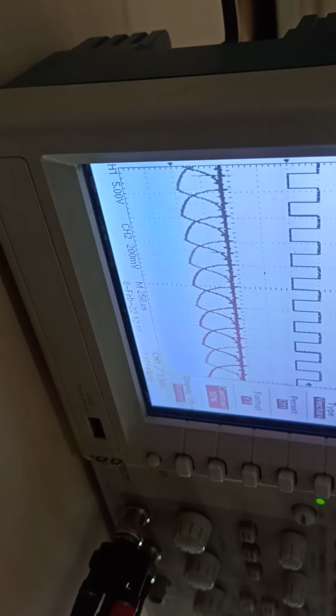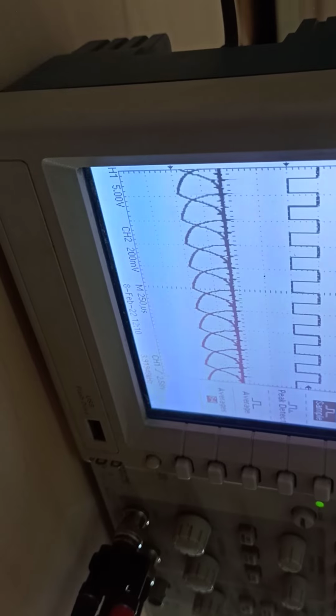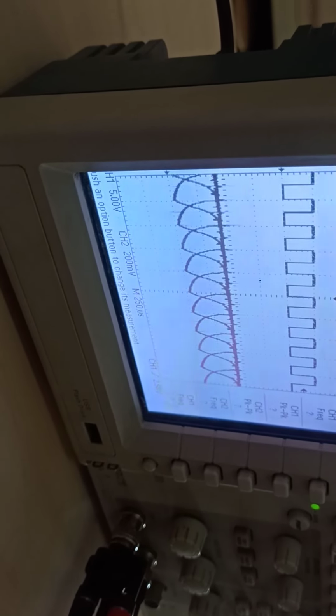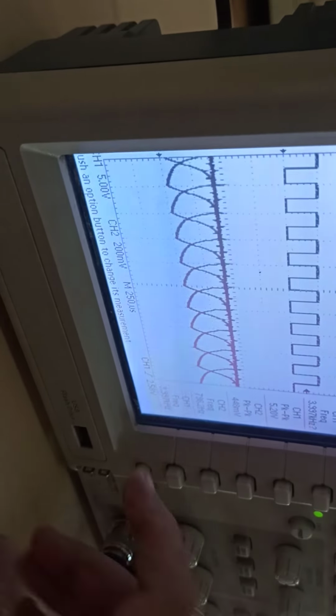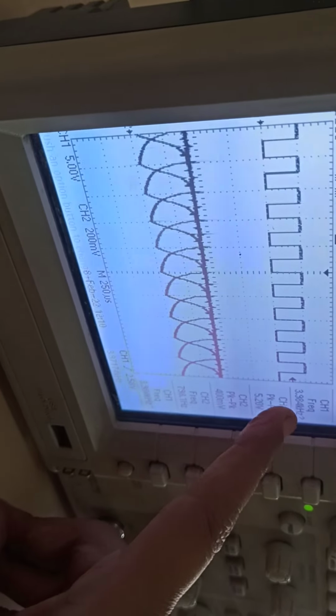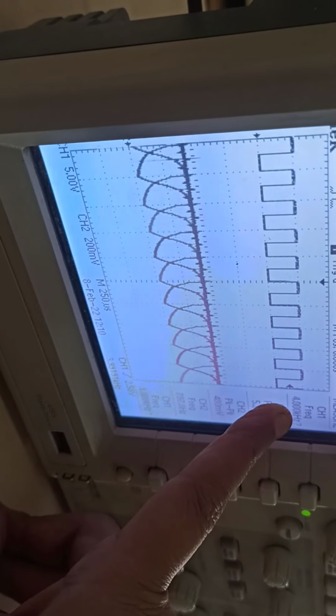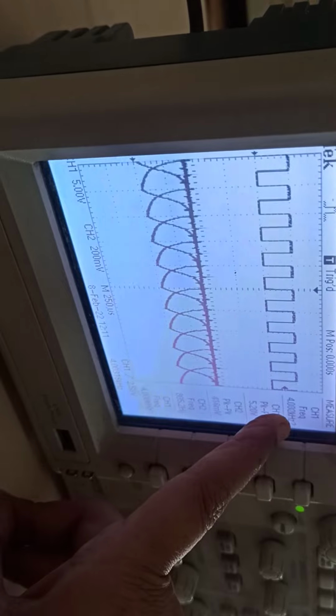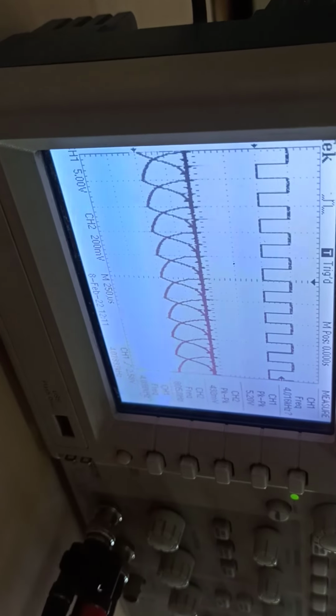I have told you the frequency, which is exactly 4.016 kilohertz. So this is 4.016 kilohertz for R1.